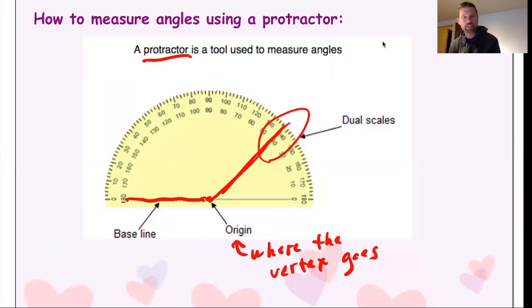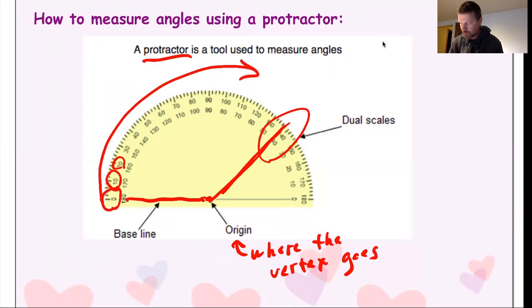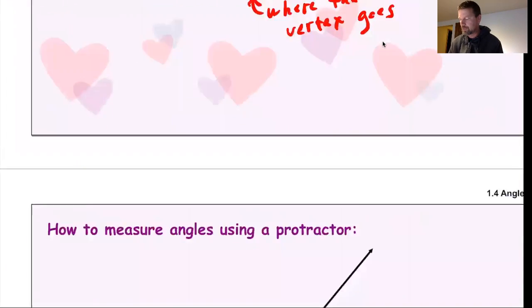Now those are dual scales on most protractors because it depends on which side you open up from, right? If I'm going from this side that way, start at 0, 10, 20, you start on the outside. However, if I put my angle on this side, 0, 10, 20, and going that way, then I use the inside scale.